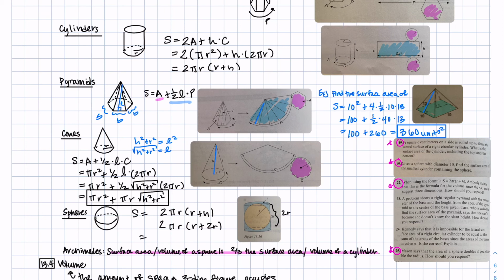So this is 6 pi r squared, and this would be the surface area of this blue cylinder.